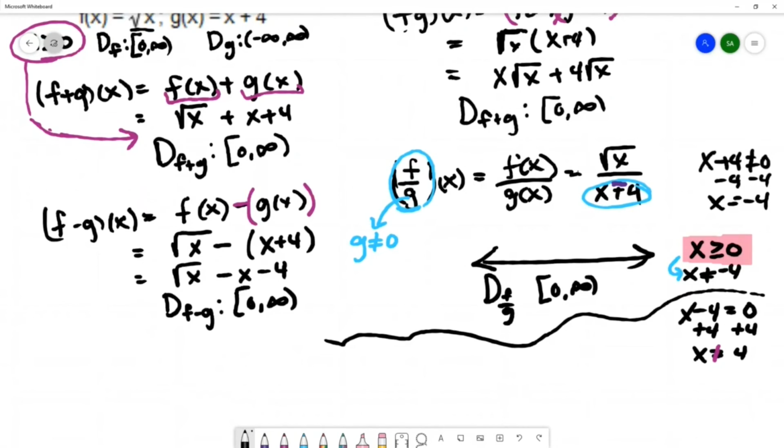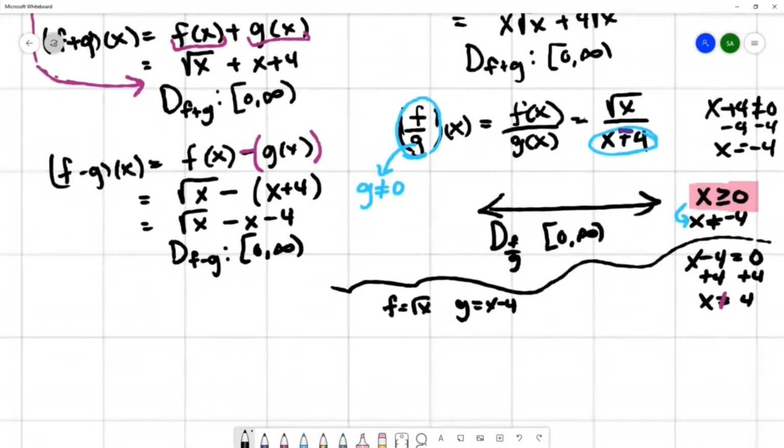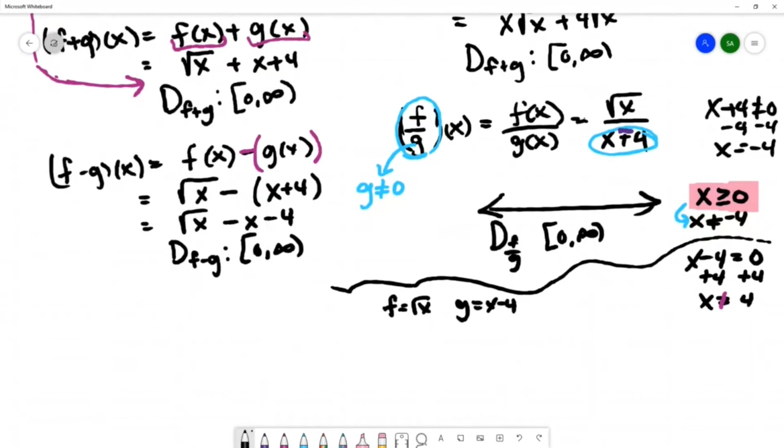So if our f was still square root of x, but our g was x minus 4. So in this hypothetical scenario, our restrictions are that x is greater than or equal to 0 and x cannot equal 4.